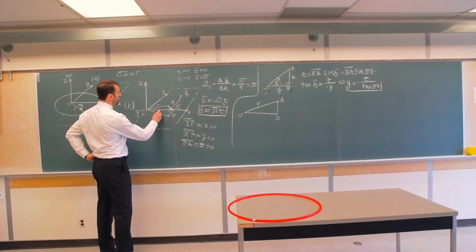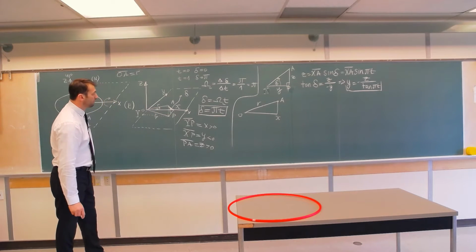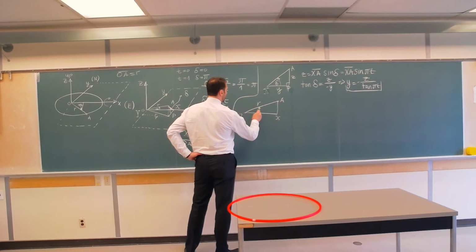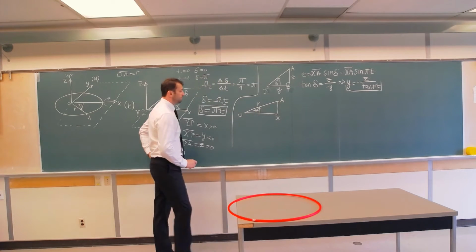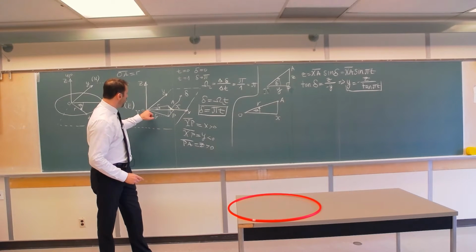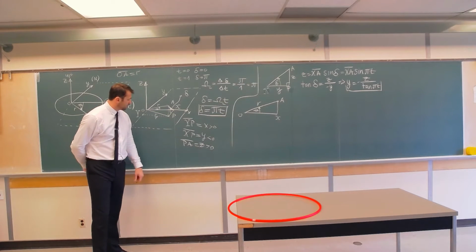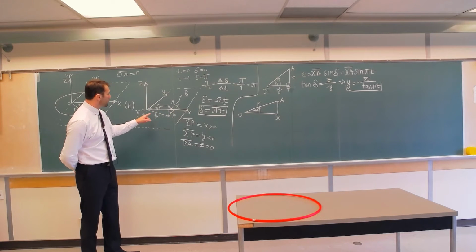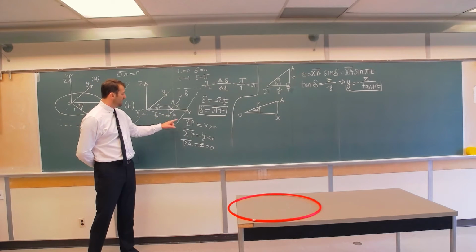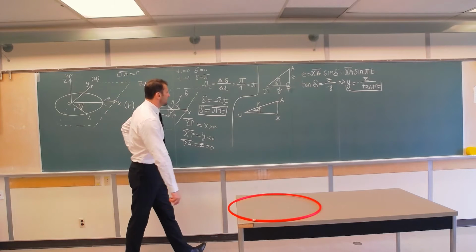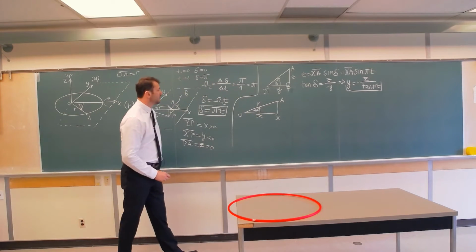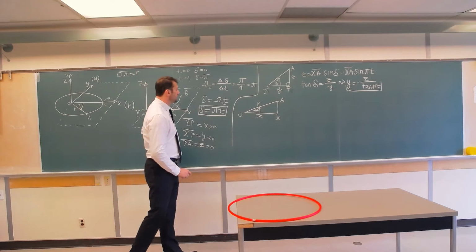So this angle over here is theta, which means this angle over here is theta. OX is the same as YP, and YP is the X component of the A point.